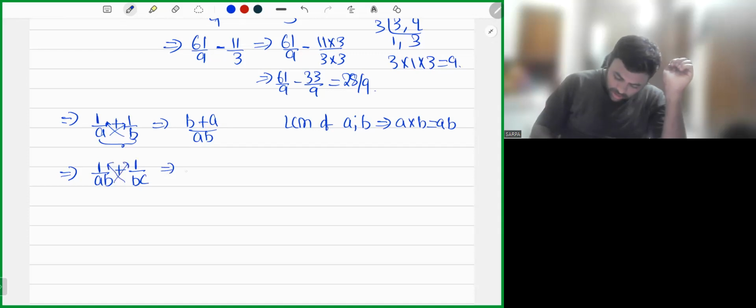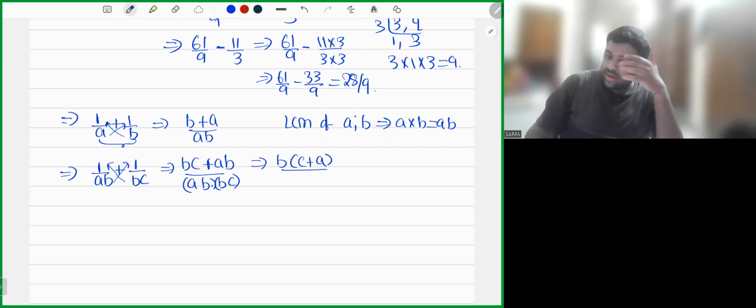Cross multiplication, BC plus AB divided by AB into BC. So BC plus AB, I'll take B common, C plus A divided by A B square C. So B cancels, A plus C divided by A B C.